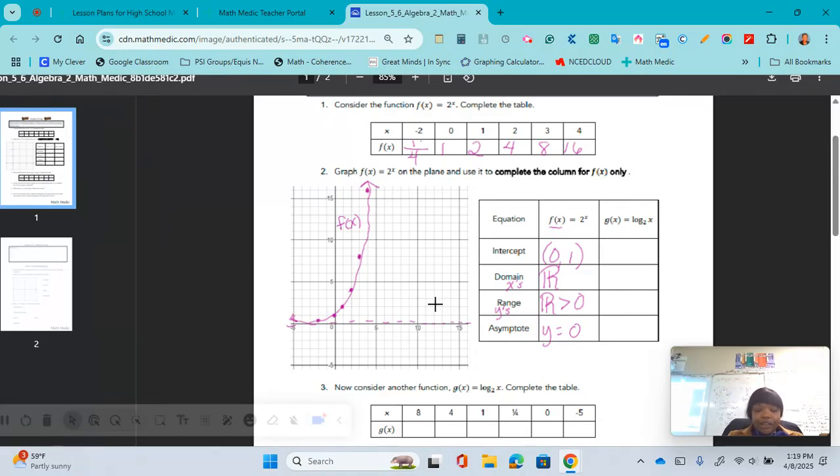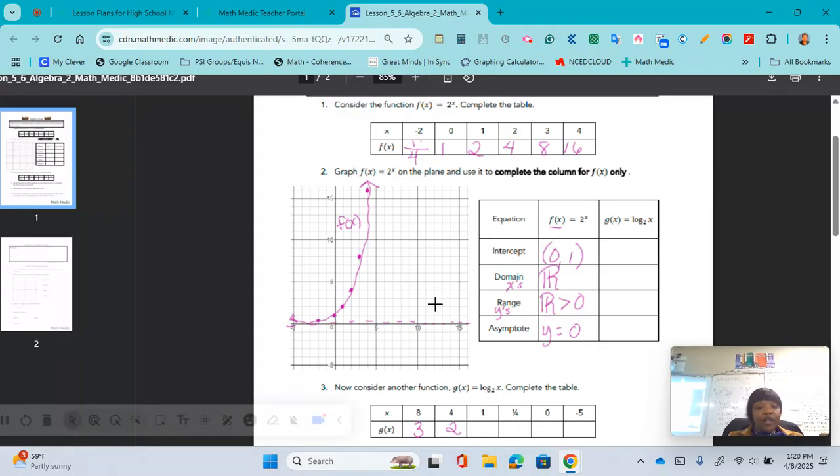Now they also want us to do the table for our g of x function, log base 2 of x. So we're going to plug in the x and get our y back. So log base 2 of 8. That means 2 to what power gives me 8? 3. Log base 2 of 4. 2 to what power gives me 4? 2.